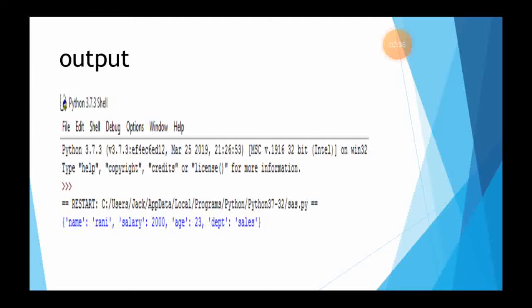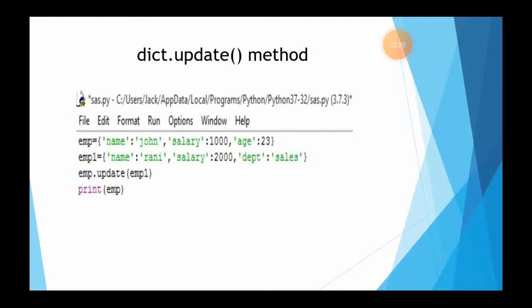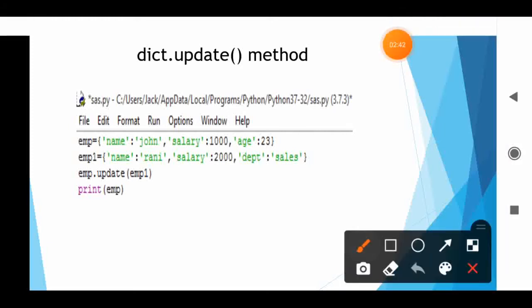Yes, because the first dictionary has three keys: name, salary, age. In the second dictionary, name is there and salary is there, but age is not. So it will keep the age as it is, and department, sales, is not in the emp dictionary, so it will add that value and display the result.